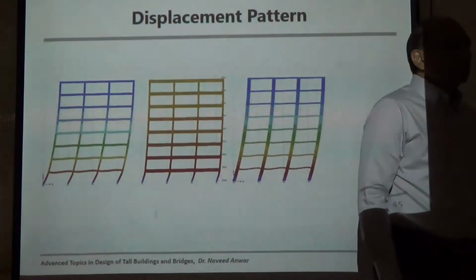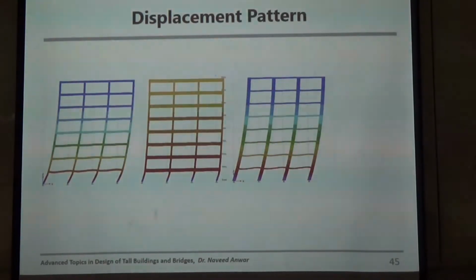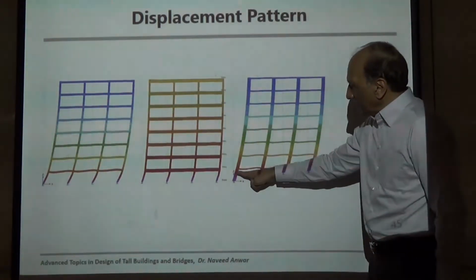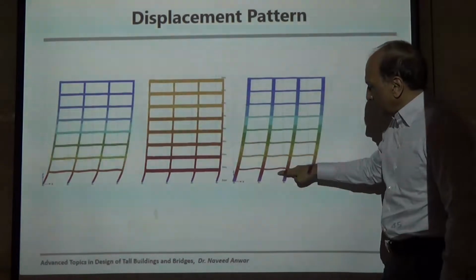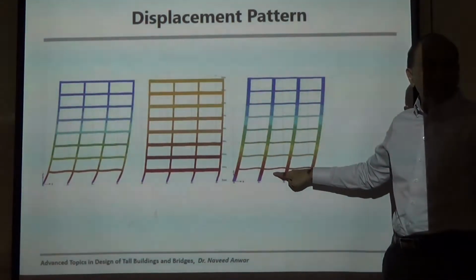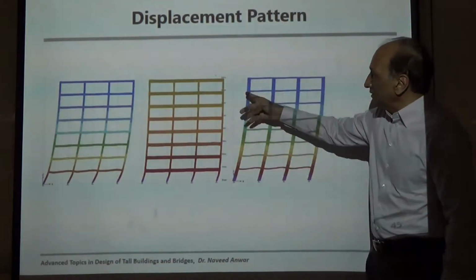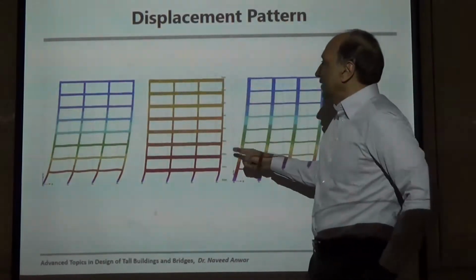They do not deform too much laterally, and the columns are the main ones that deform. Which means that the columns in this case are weaker than the beam. In this case, the columns are much stronger. They are not bending, but the beams are now bending a lot, or the slab is bending a lot. So the deformation pattern and displacements will also be different.